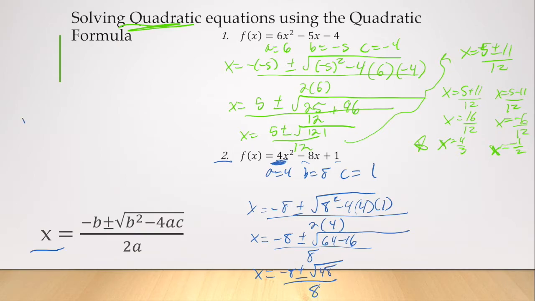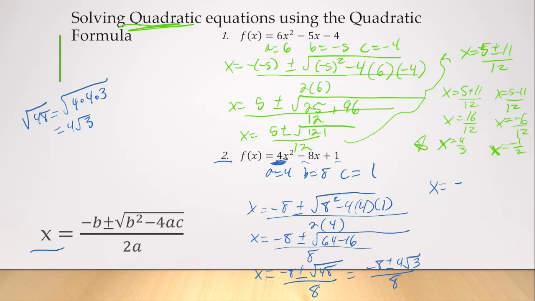Well, I need to simplify that radical. 48 is 4 times 4 times 3, because 48 is 4 times 12. So I'm going to have 4 square root of 3. That's what that's going to simplify to. So I have negative 8 plus or minus 4 square root of 3 over 8. And I can simplify this, right? They all have a factor of 4.